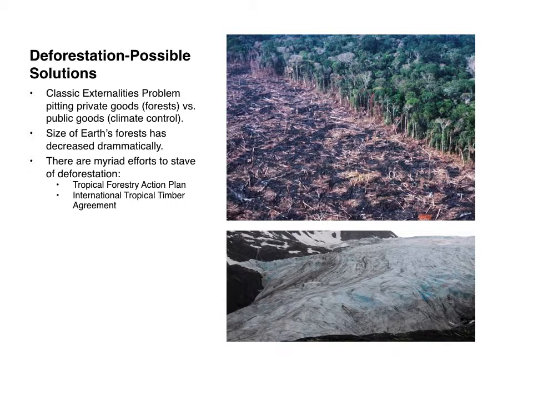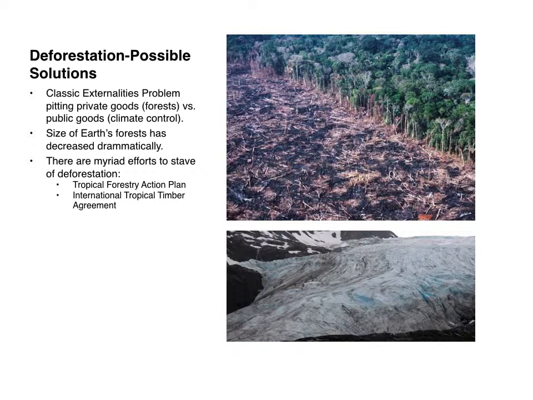There are myriad efforts to stave off deforestation, and these are international in nature. The Tropical Forestry Action Plan promotes international donor coordination in the development of national forestry action plans and stimulates related policy initiatives. There is also the International Tropical Timber Agreement.